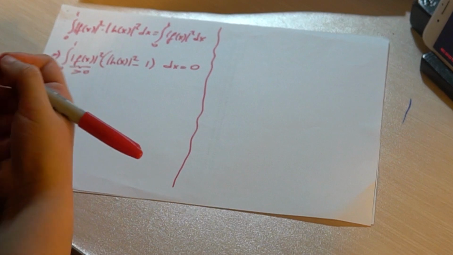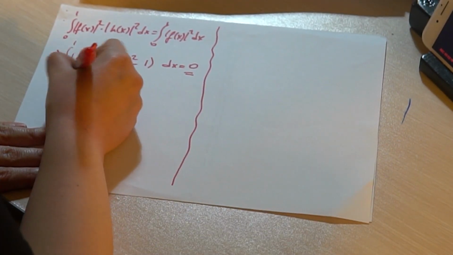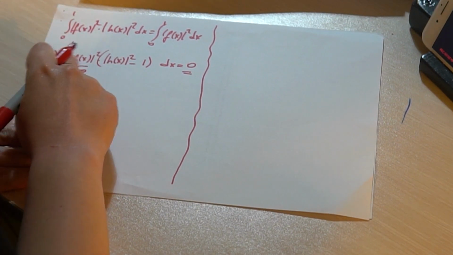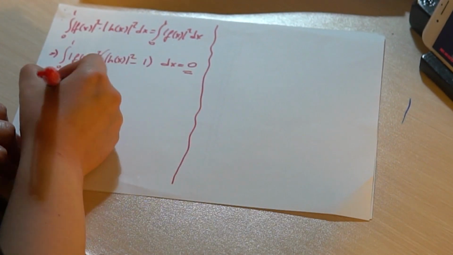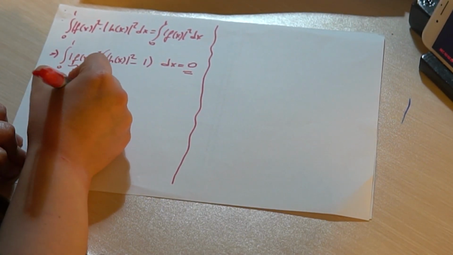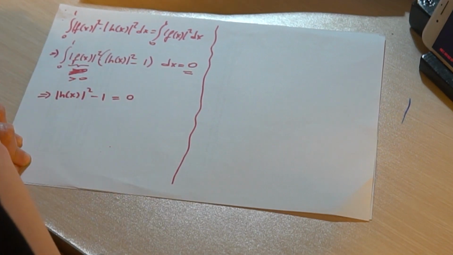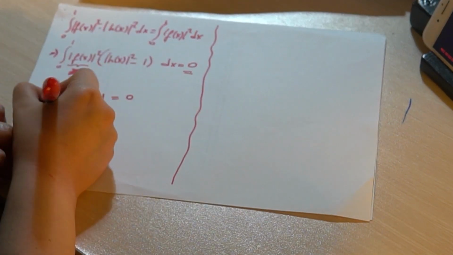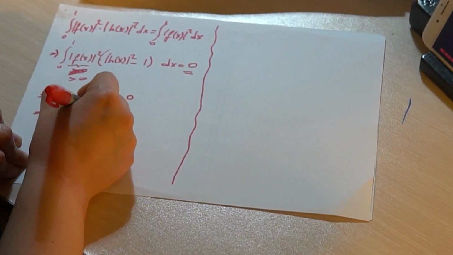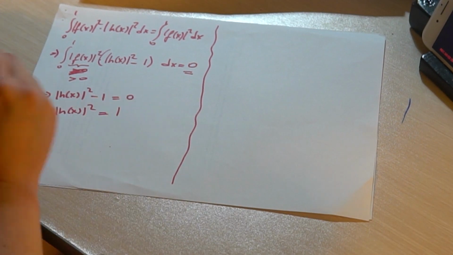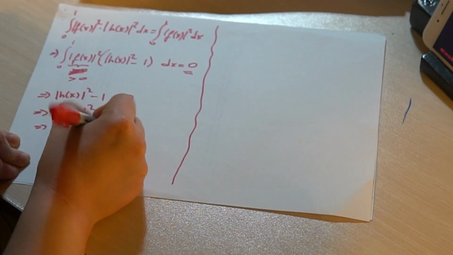Since this is 0, let's say f(x) is not 0, and since this is true for every f in V, we will have norm of h(x) squared minus 1 is equal to 0. So this implies that norm of h(x) squared will be equal to 1. So norm of h(x) will be equal to 1.